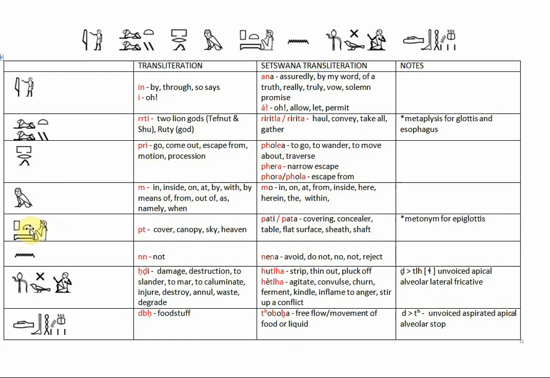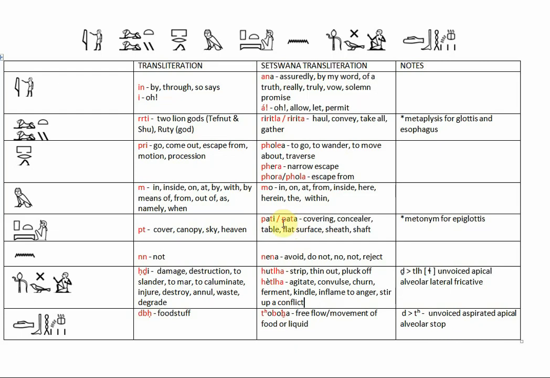The glyphs pa and ta, with a table-like surface. Pet, which means cover, canopy, sky, heaven. And in Setswana we have equivalents, pati or pati. The inflection changes the meaning of this one word and gives it two different meanings. And then we have pata or pata.